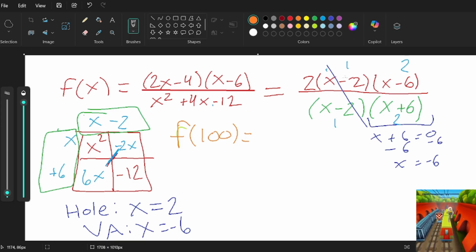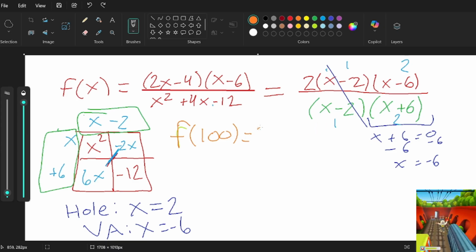Just so I don't have to plug in a bunch of things into my function, you know how we canceled out this x minus 2 here? Whether we include it or not in our calculation when we plug in this 100, we're going to get the same value either way.